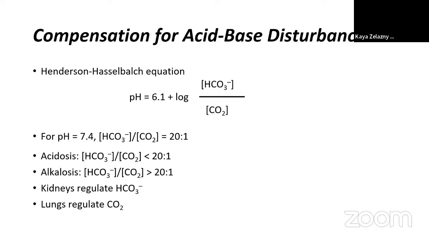We're synthesizing that from carbon dioxide and water. And we're also controlling, as part of that process, how much hydrogen is secreted into our urine ultimately. So we're changing how much acid we're keeping in our plasma and how much bicarbonate we're pulling into our plasma in order to buffer out extra acidity.